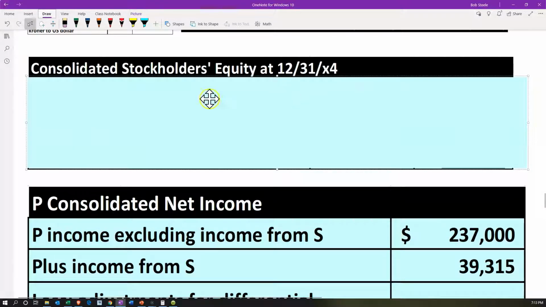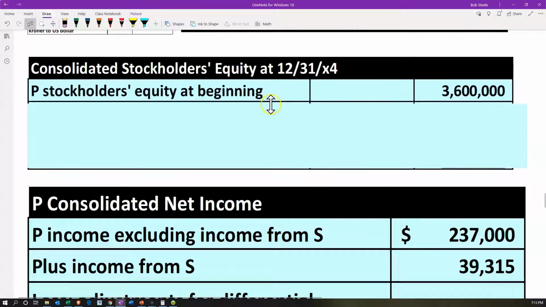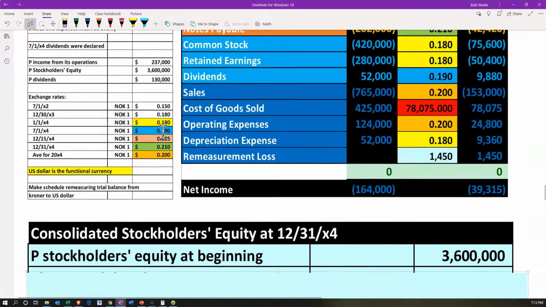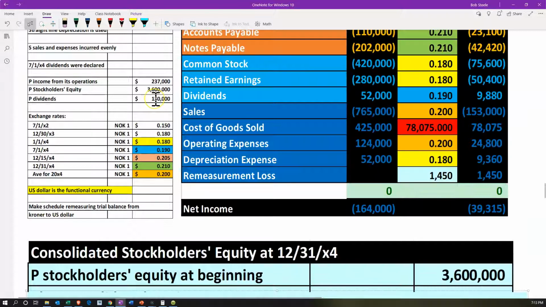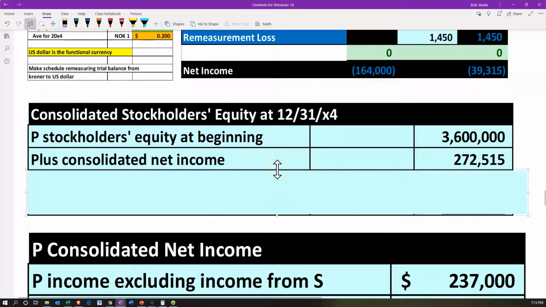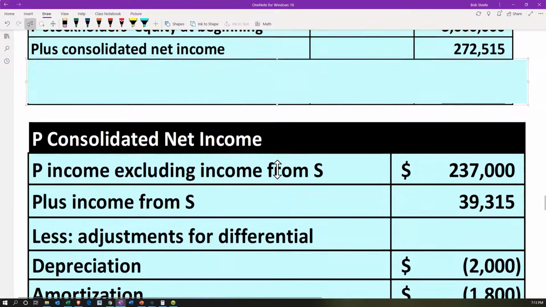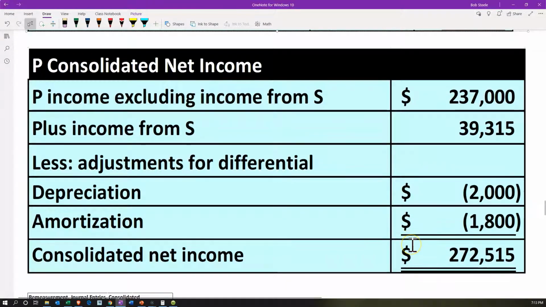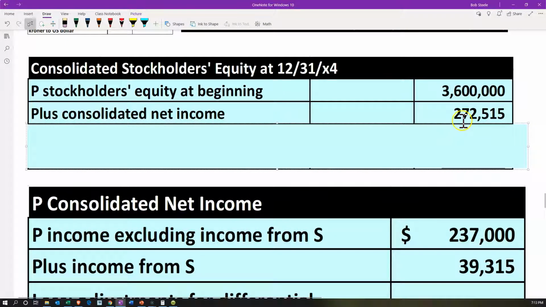Now that we have that, we're going to go back up to the consolidated stockholders equity. So the consolidated stockholders equity, we got P stockholders equity at the beginning. This is given to us. This is in dollars because it's the parent company. It's $3,600,000. Then we're going to be taking the consolidated net income, which we just calculated down below, 272,515.